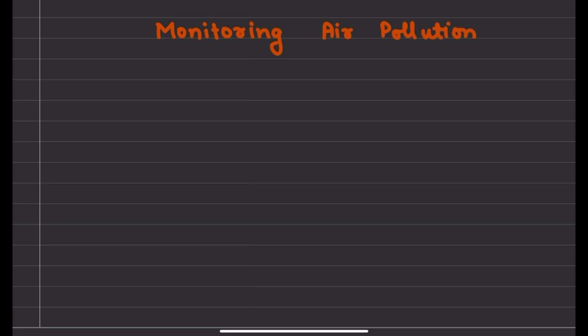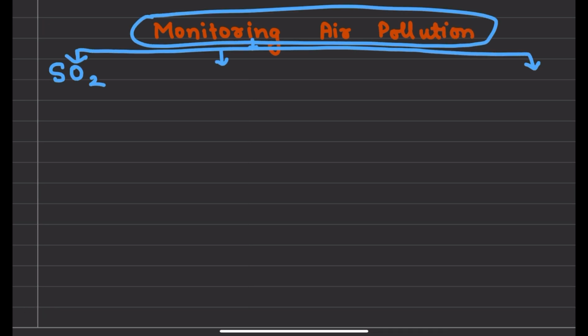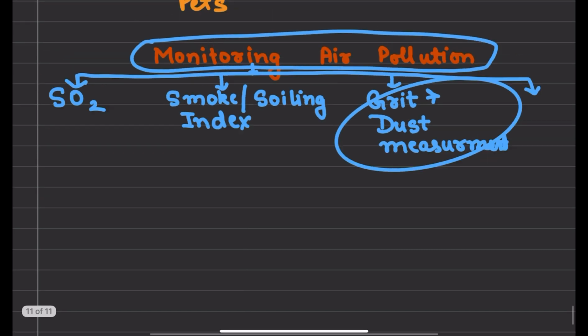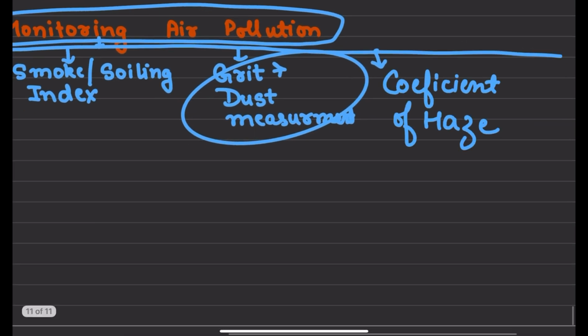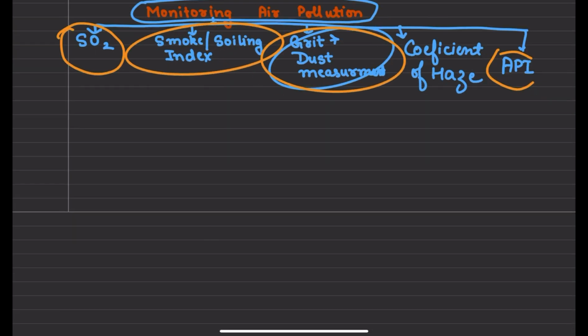Now, monitoring: how do we monitor this air pollution? By sulfur dioxide, which is one of the major gases, then soiling index or smoke index, then grit and dust measurement, and then by coefficient of haze and air pollution index.